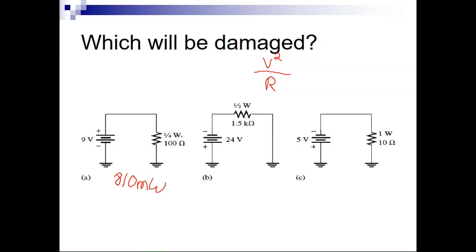Now what they've got here is a 1/4 watt resistor. Is that big enough to deal with 810 milli? Nope, it'll fry it out. So looking at the next one, 24 volts, 1.5 kilo ohms.